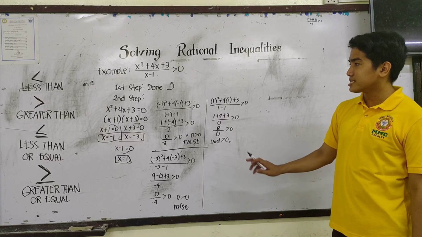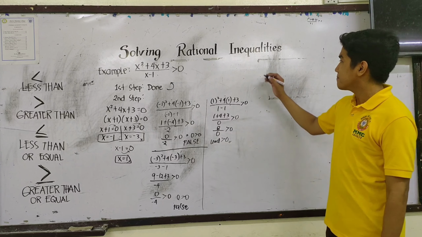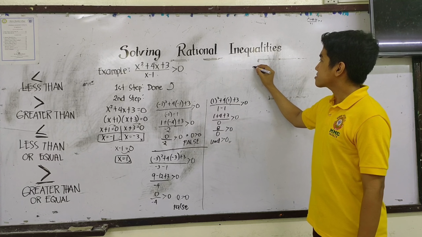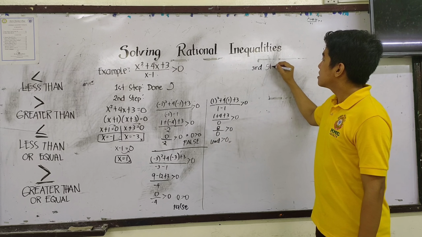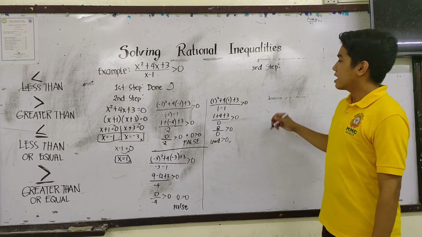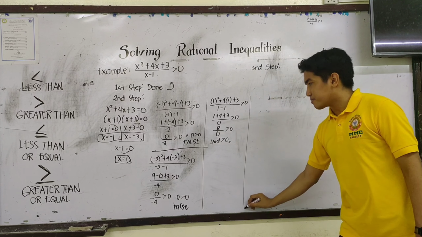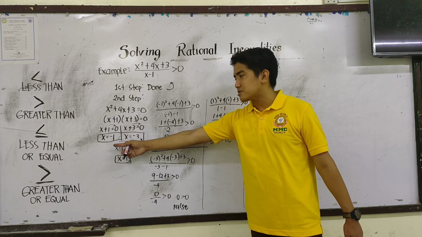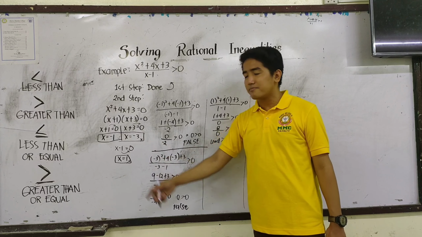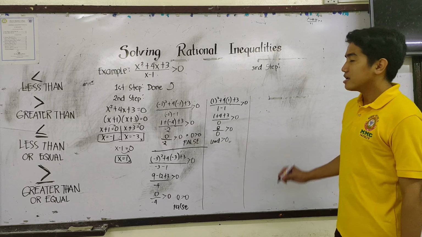So, for our next step, yung ating third step naman, ilalagay natin yung mga values ng ating x, which is negative 1, negative 3, and positive 1 dun sa ating number line.